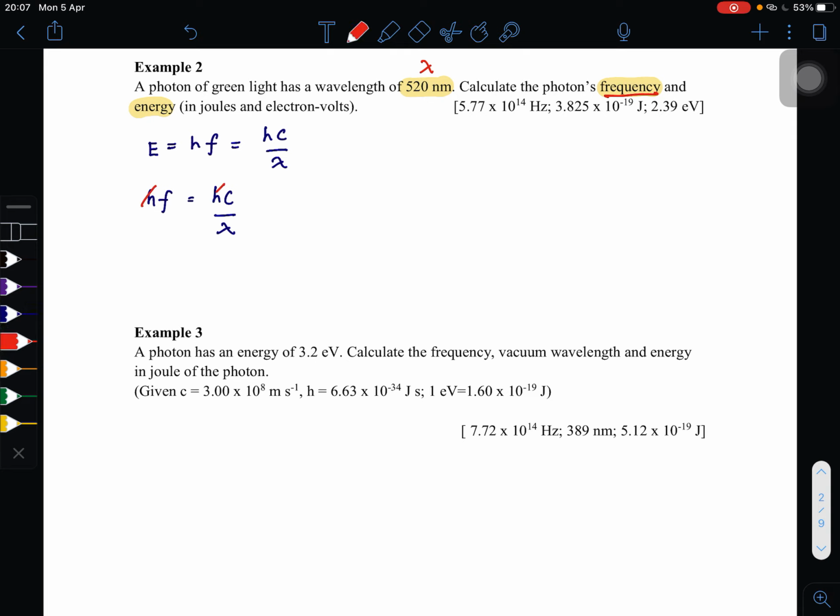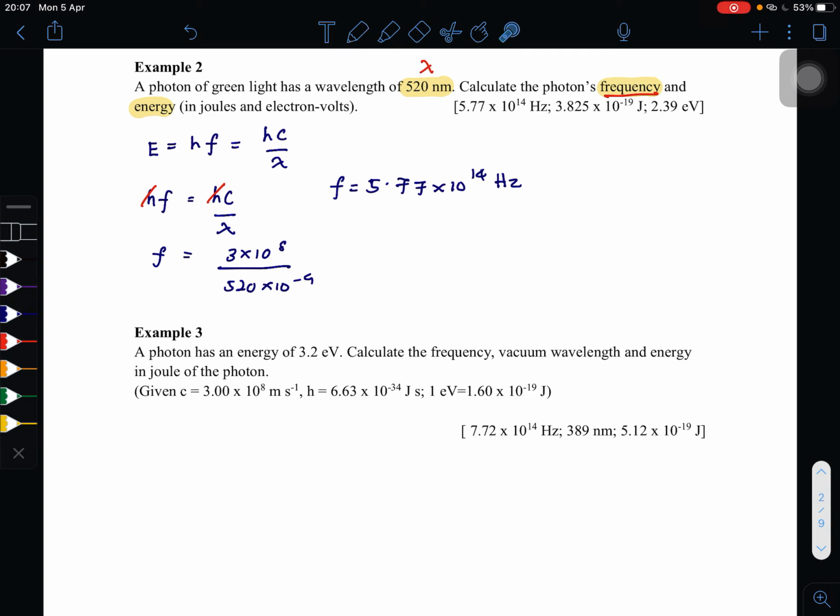So H dekat sini boleh cancel out. So F will be equal to C, which is 3 exponent 8, divided by lambda. So frequency will be equal to 5.77 exponent 14 hertz.